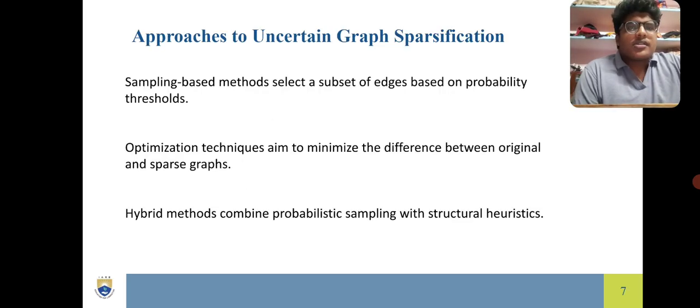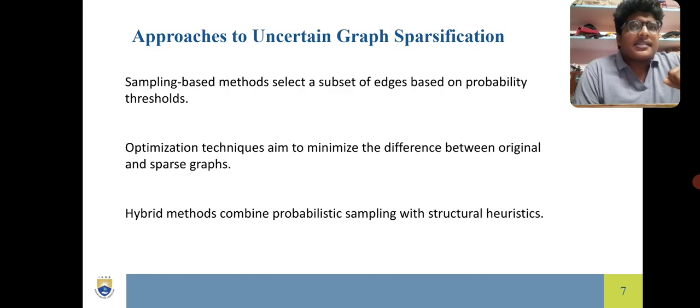The main approaches to uncertain graph sparsification. Sampling-based methods select a subset of edges based on probability thresholds. Optimization techniques aim to minimize the difference between the original and sparse graphs. Hybrid methods combine probabilistic sampling with structural heuristics.